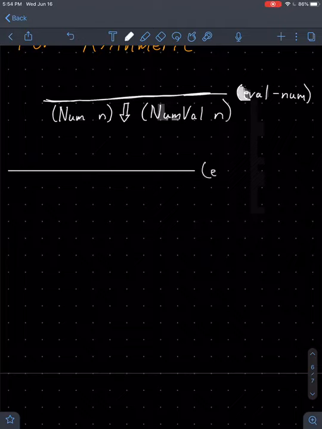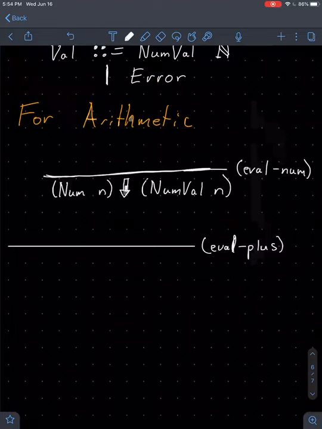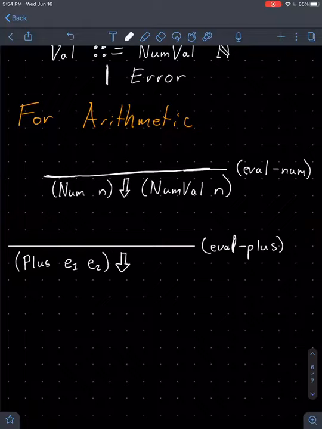We're going to call this rule eval plus. So eval plus, I better start with the plus operation on the outside, that constructor. And I have E1, expression 1, expression 2. Another down arrow. And what should go on the right-hand side?